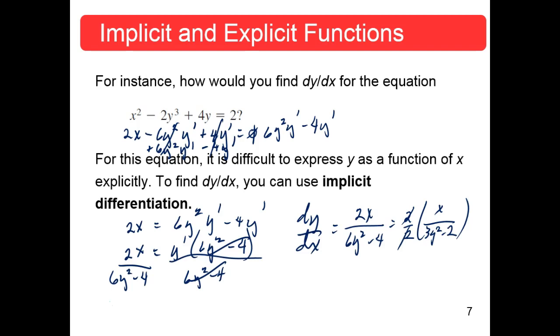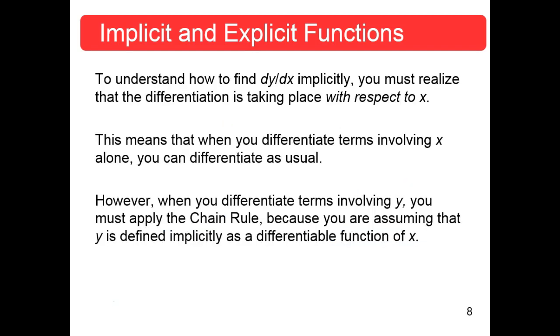All right, 2. Wow. More verbiage before we get to the first example. To understand how to find dy/dx implicitly, you must realize that the differentiation is taking place with respect to x. This means that when you differentiate terms involving x alone, differentiate as normal.